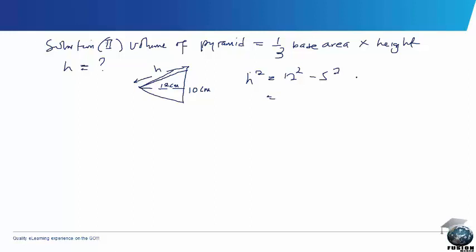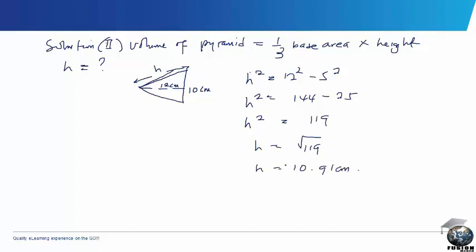And then we have h squared, 12 squared is 144, and this is 25, and when you subtract, you have 119, so that h will be equal to the square root of 119, and then h is equal to 10.91 centimeters. So this will help us determine the height of the pyramid itself.